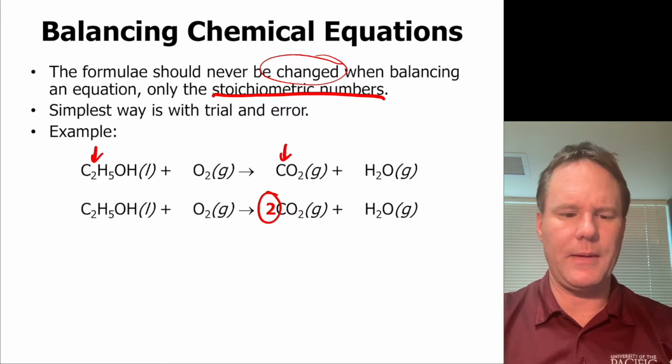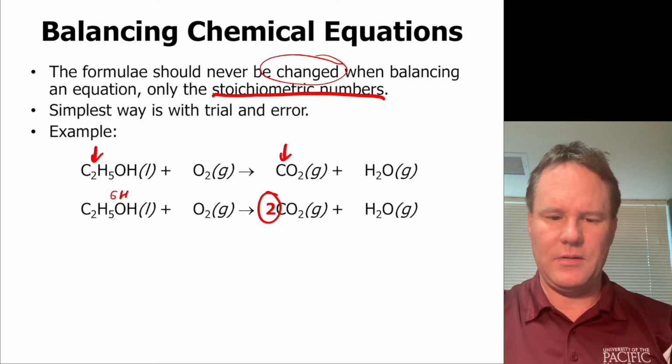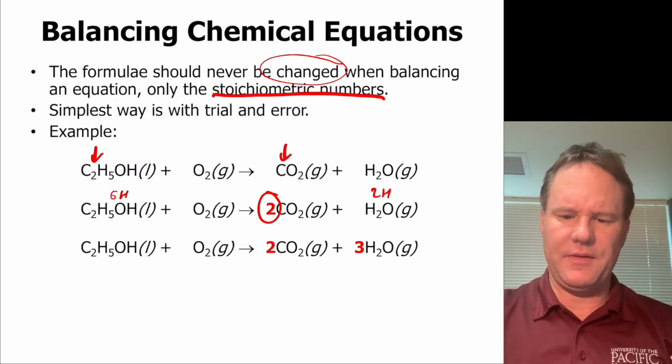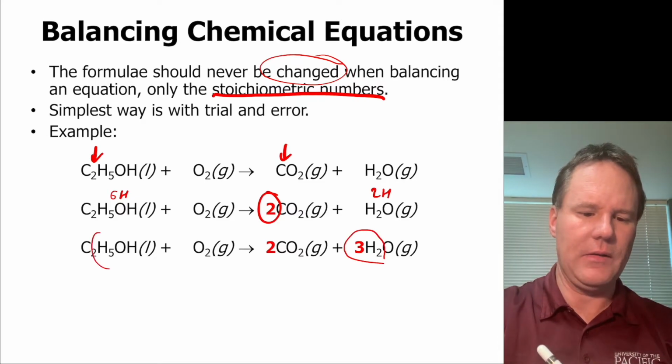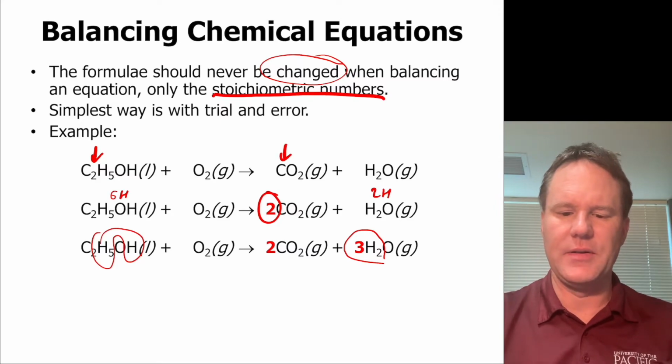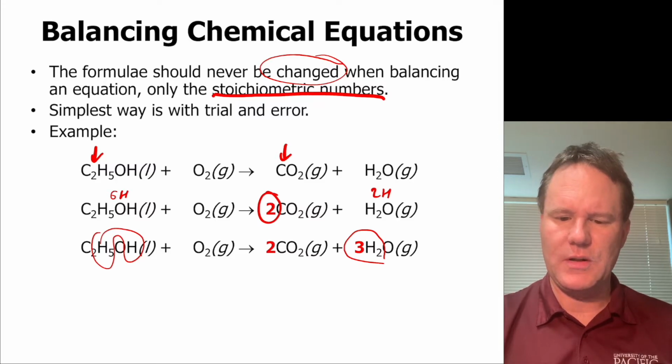So what's the next problem we have? Well, we have a total of 6 hydrogens here, but only 2 hydrogens there. So I will fix that next by putting a 3 here. Now I have 6 hydrogens, and I also have 6 hydrogens here. So that's good. Carbon and hydrogen are balanced. The only thing that is not balanced is oxygen. So how many oxygens do I have on the right?